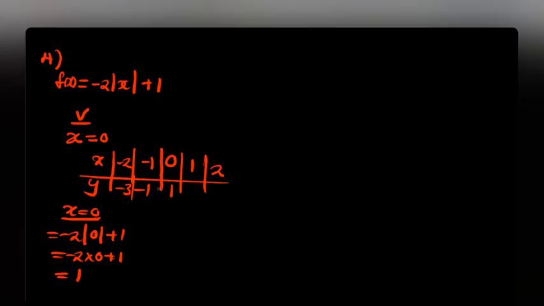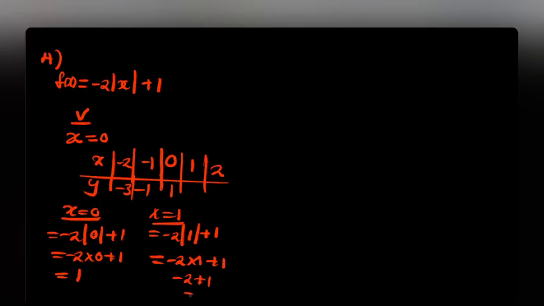Then again, when x is equal to 1, we have -2 times the modulus of 1, plus 1. The modulus of 1 is 1, so here we have -2 plus 1.